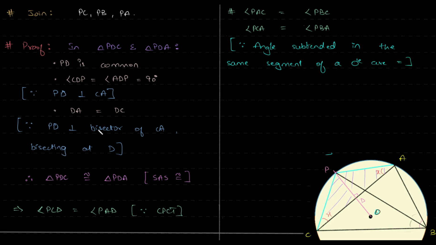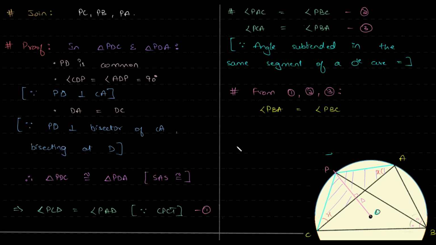Okay, so from 1, 2 and 3, what can we tell? That we have two sets of angles equal to each other. That's what we wanted, is it not? So from 1, 2 and 3, we have angle PBA is equal to angle PBC.